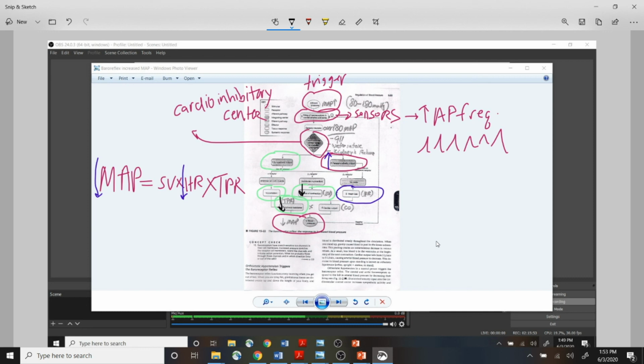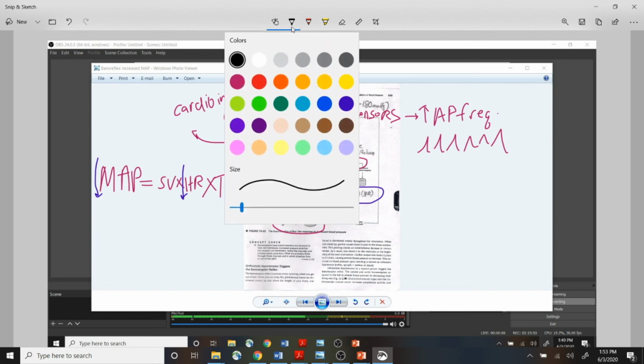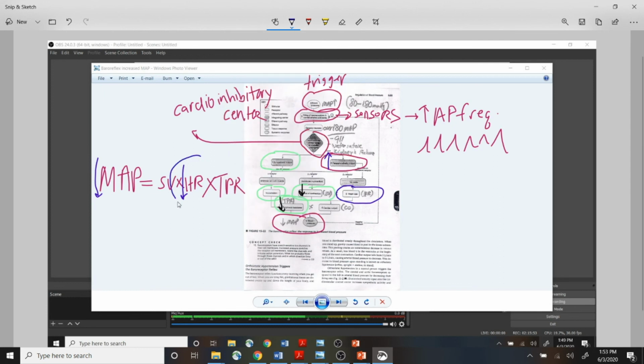The parasympathetic system cannot directly control stroke volume and cannot directly control total peripheral resistance. It doesn't have fibers to the smooth muscle of blood vessels or to the ventricular myocardial tissue. It doesn't. The only thing that the parasympathetic system can control is heart rate. That is it. That's the only thing it can control.